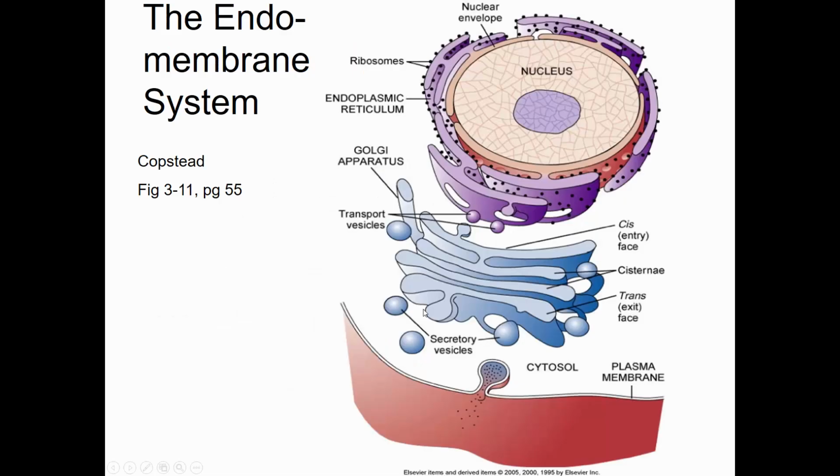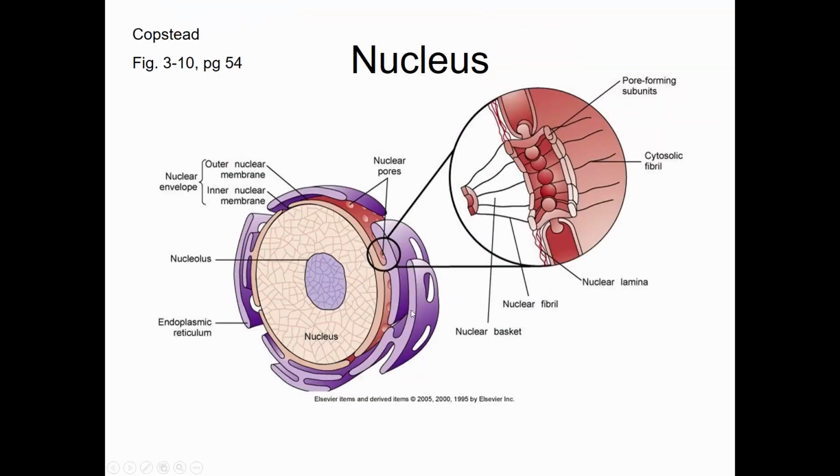So here's a picture from a textbook, textbook called Copstead. So here's the nucleus. It's surrounded by a double membrane, and in the double membrane there are pores. They're quite elaborate, but things have to be able to get in and out of the nucleus. As you've learned in previous courses, we make a copy of a gene called messenger RNA.